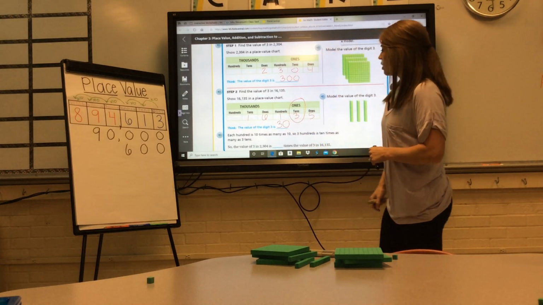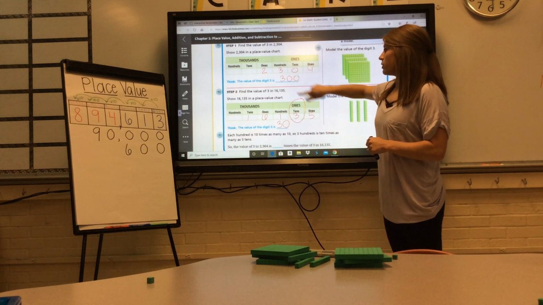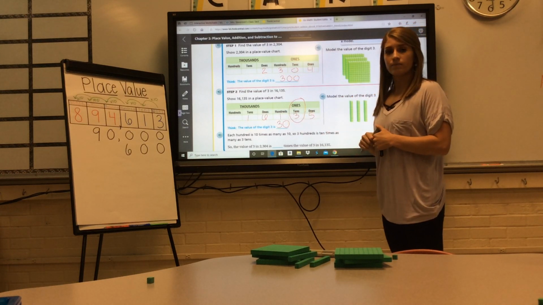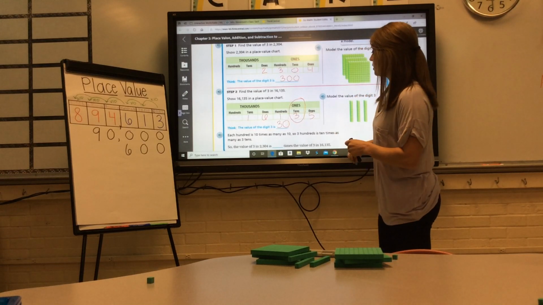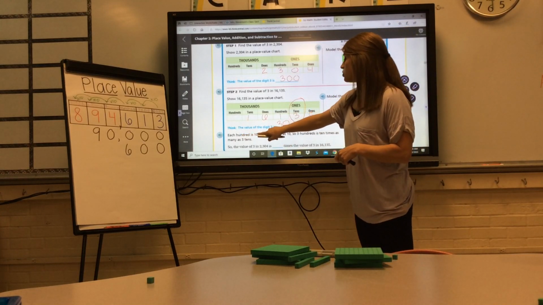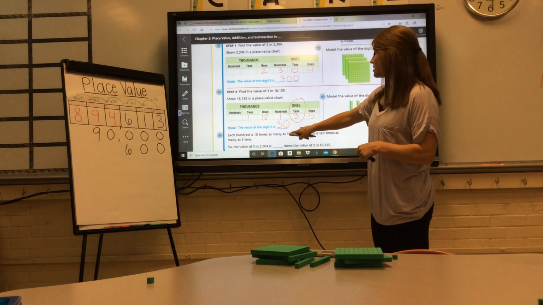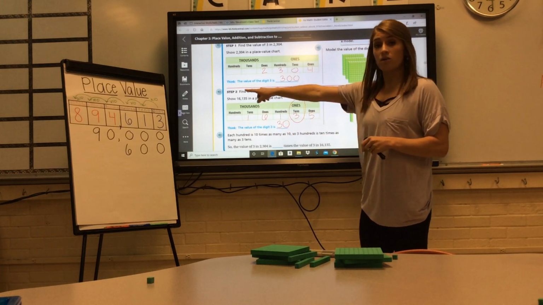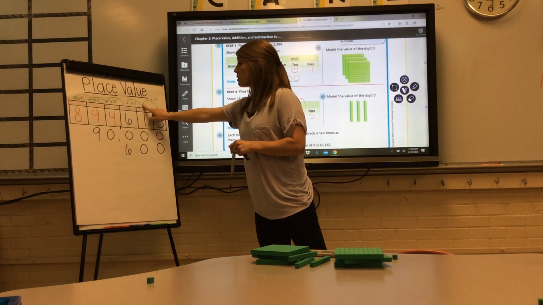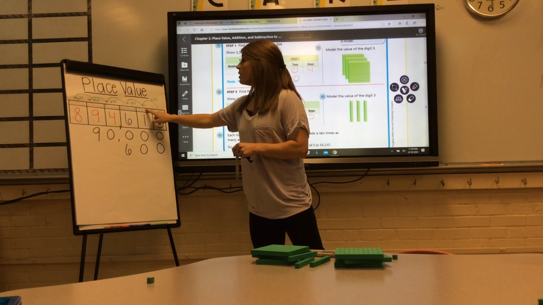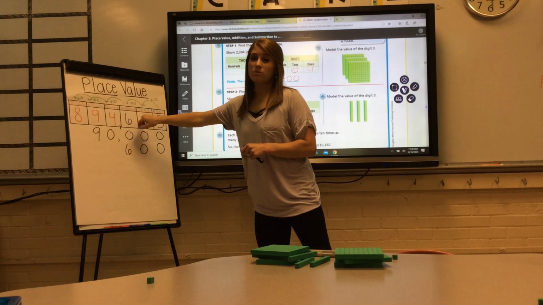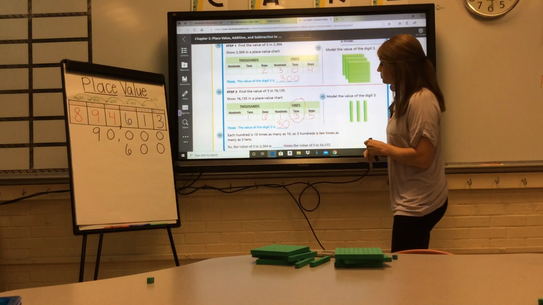Alrighty. So which one has the greater value? Is 300 greater or 30? Right. 300 is the greater value. Very good. So it says each 100 is 10 times as many as 10, which we know that, right? Because we know that every time we move up in place value, it's 10 times as much. So hundreds are 10 times as much as tens.